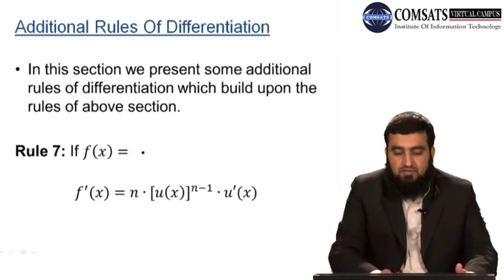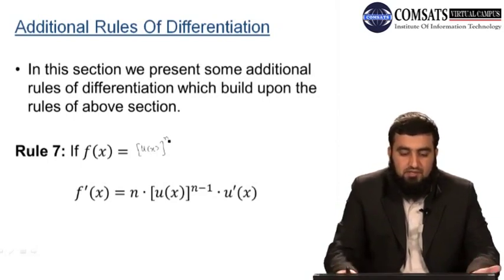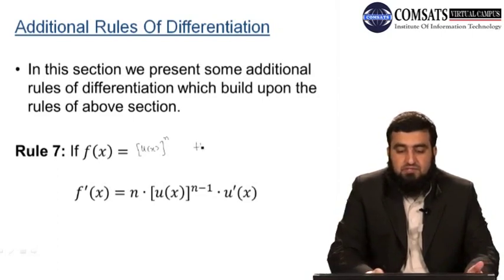So if you have a function f of x which is given by a power of some other function, so u of x to the power n, that is, if you have a function which is a power of another function, then the derivative f prime of x is equal to n times u of x to the power n minus 1 dot u prime of x.